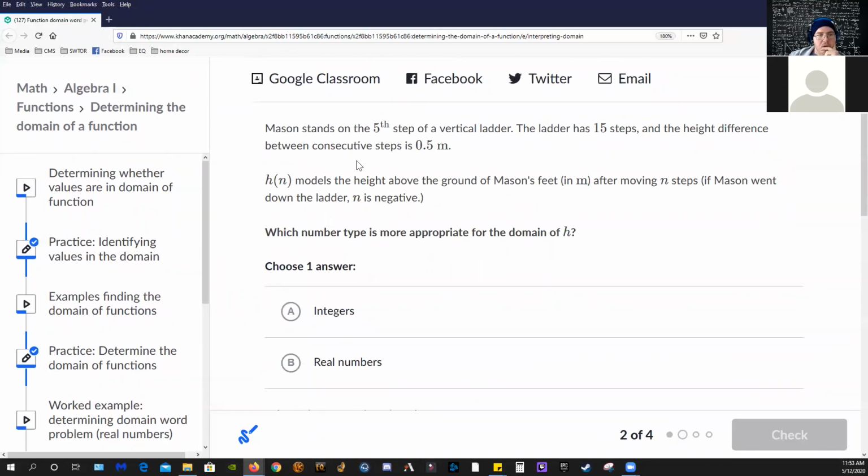Mason stands on the 5th step of a vertical ladder. The ladder is 15 steps, and the height difference between the consecutive steps is 0.5 meters. That's a lot to take in. If you're like me, you like to draw things. So he's on a ladder. 1, 2, 3, 4, 5, 6, 7, 8, 9, 10, 11, 12, 13, 14, 15.